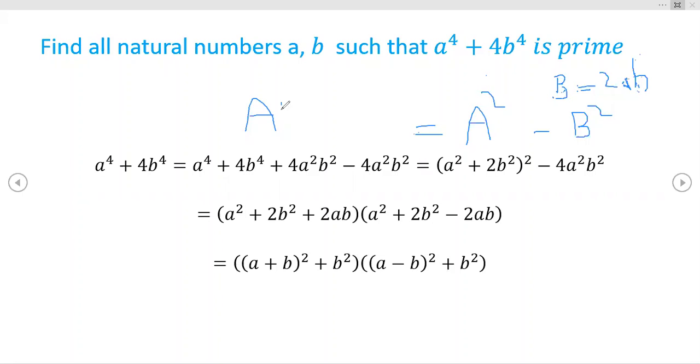But you have a plus b times a minus b, and that's going to be happening on this very next line.